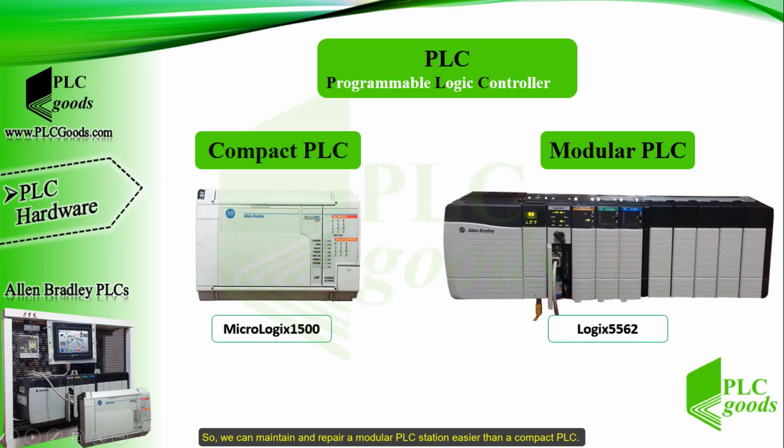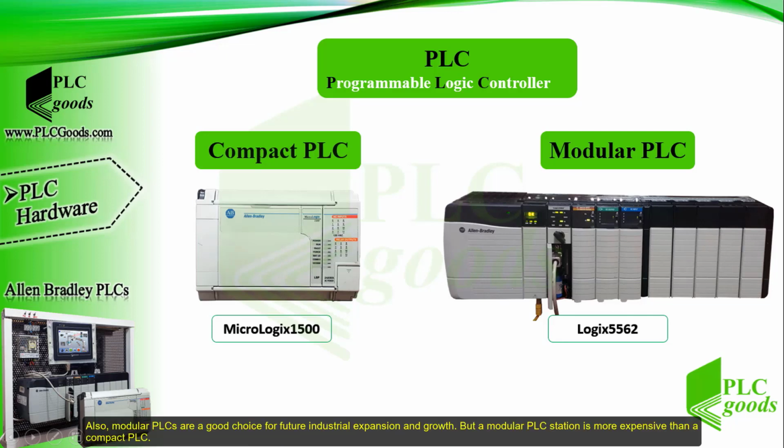So we can maintain and repair a modular PLC station more easily than a compact PLC. Usually, they have more memory and capabilities to store data. Also, modular PLCs are a good choice for future industrial expansion and growth. But a modular PLC station is more expensive than a compact PLC.